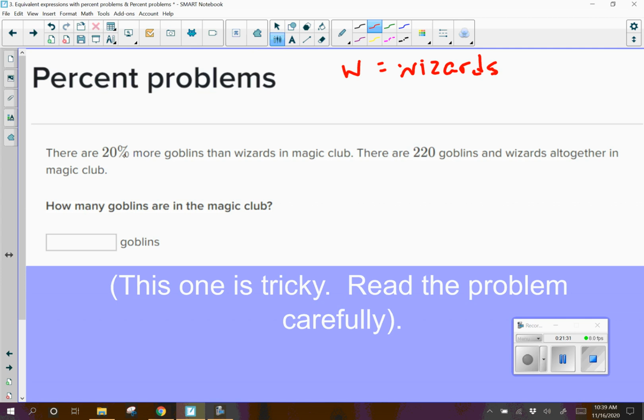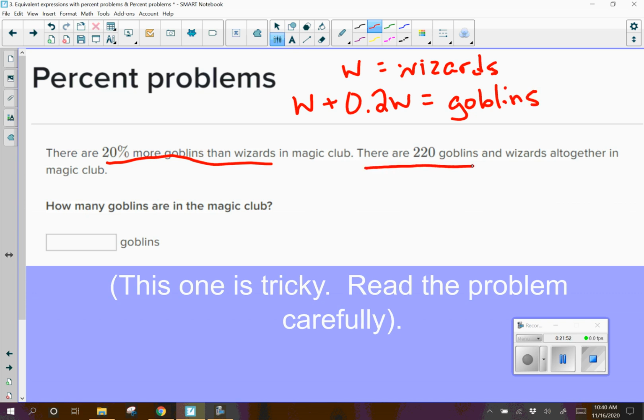And we know that there's 20% more goblins than wizards. So if I were to write that, that would be W plus 0.2W, because 20% written as a decimal is 0.20 or 0.2. So that's going to represent our goblins. We know there's 220 total goblins and wizards all together.